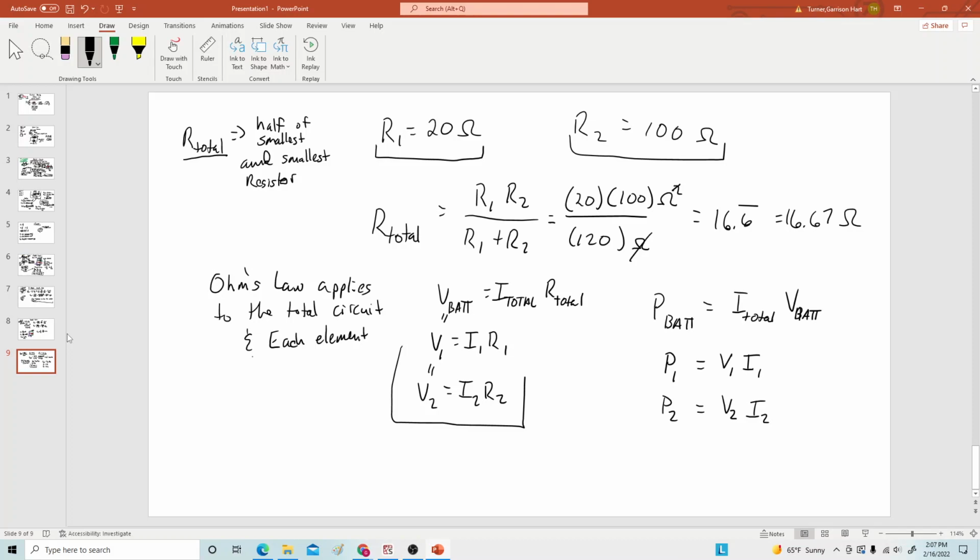Both of them are connected to the same voltage source, so both of these voltages are the same. So if one of the currents is larger than the other current, then that power will be larger than the other power. So in the series case, the resistor with the larger value will dissipate more power. In the parallel case, the resistor with the smaller value will dissipate more power. Okay? So that is a bit about parallel. And the next video will talk about Kirchhoff's rules.